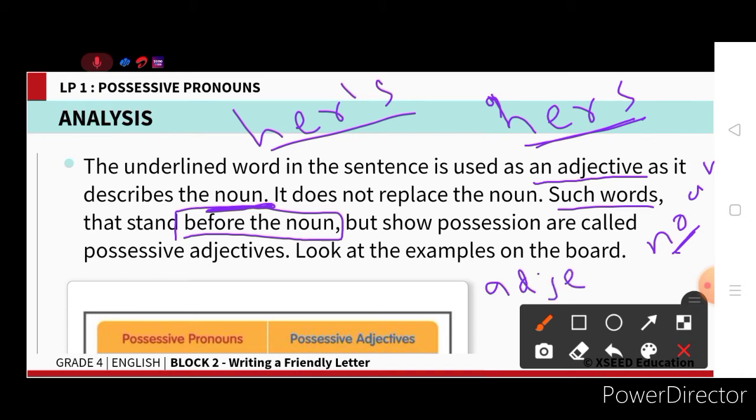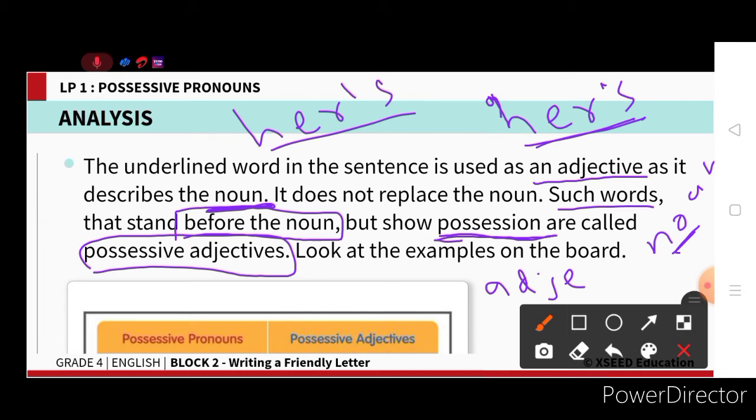In this special case, words that show possession, the belongingness, the ownership, are called possessive adjectives. Just now I was telling you about possessive pronouns, but if the same words, its, her, his, their, come before the noun, for example, the dog wagged its tail, they are possessive adjectives.